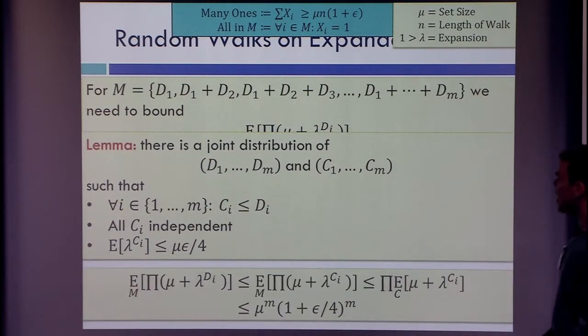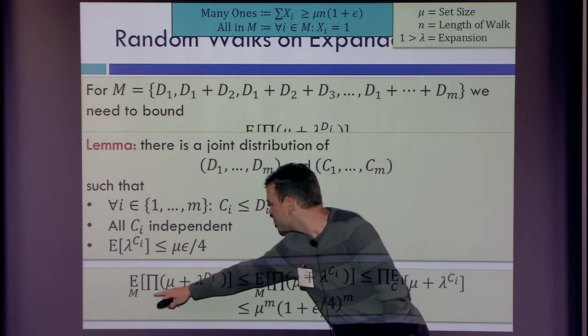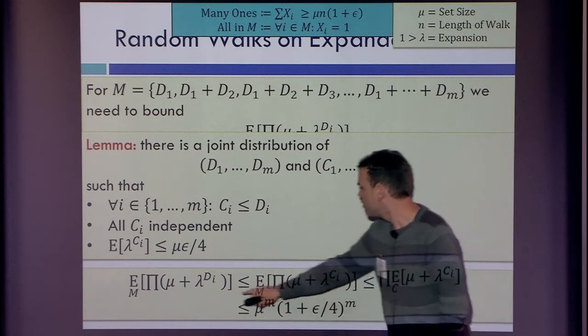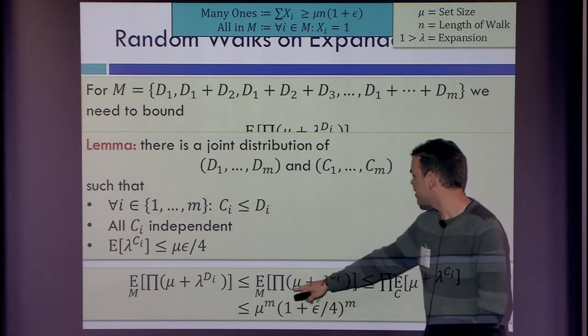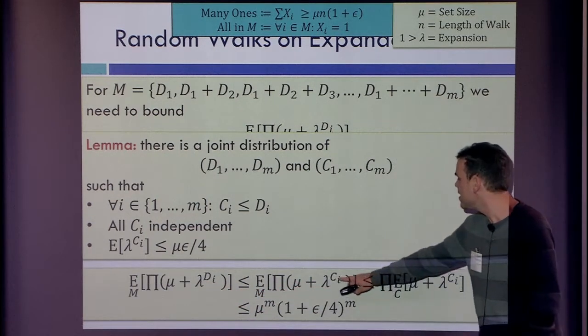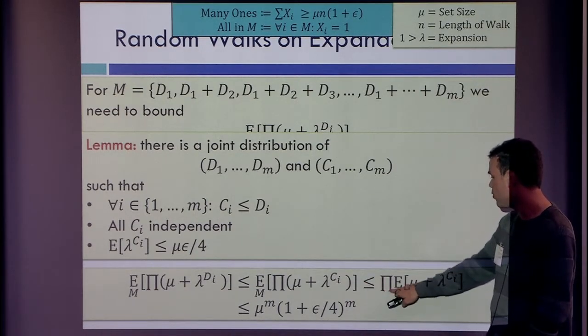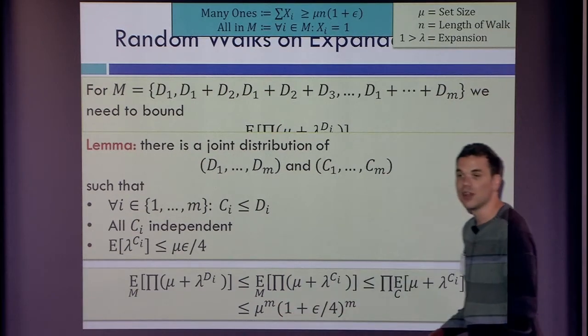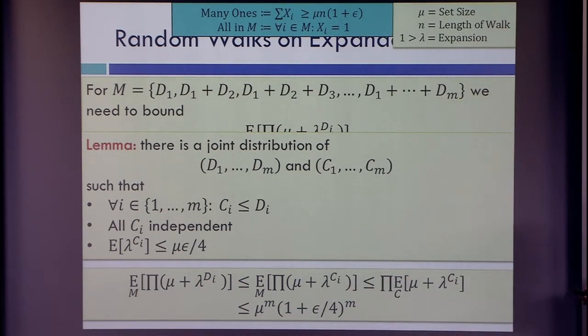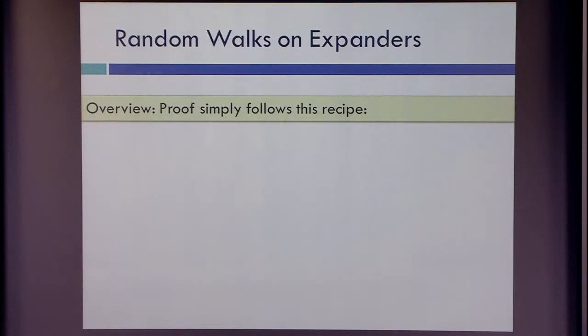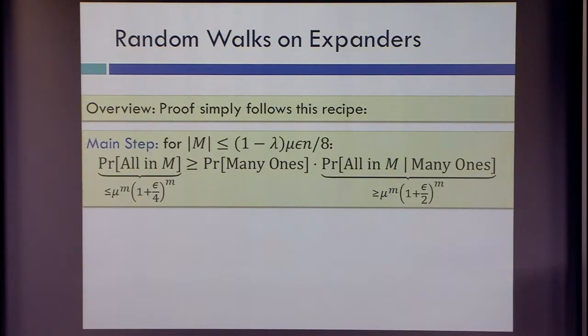Good, so now once you have this, you can say the expectation over these M of mu plus lambda to the Di is at most the expectation over M of the Ci, where you pick the Ci together. Then you exchange the product and the sum, and you get this. So let's look at it again.